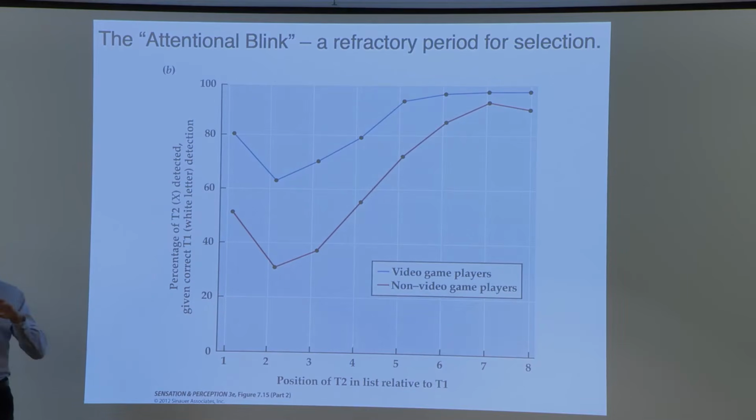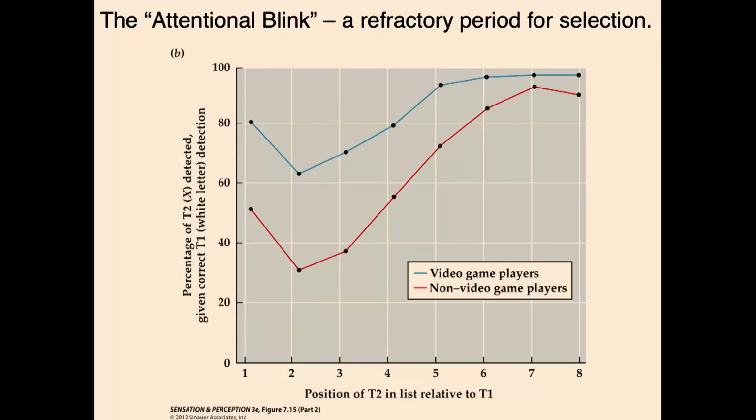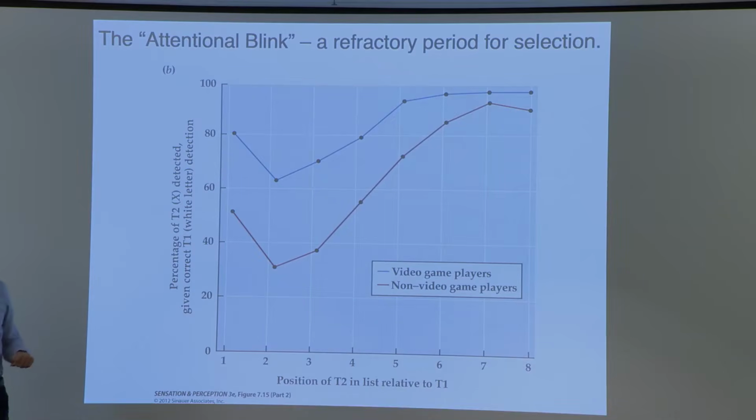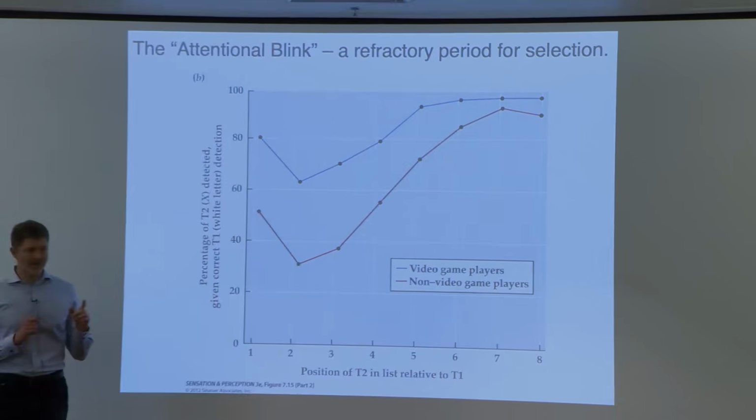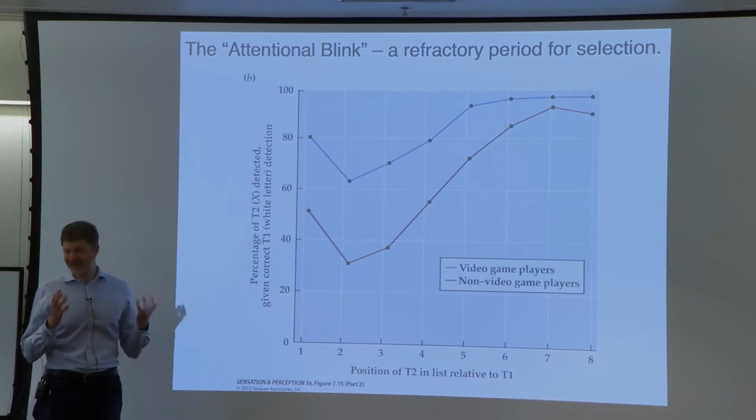It's like there's a refractory period on your ability to select or detect stuff that you're looking for. Now, this particular graph has a second line on it, the blue curve, which is people that spend a lot of time playing video games. I think a lecture or two ago, somebody asked me a question, and I mentioned how there's a body of work indicating that people that play lots of video games have slightly different visual systems, and in particular, their performance on a lot of visual attention tasks is different, usually better.